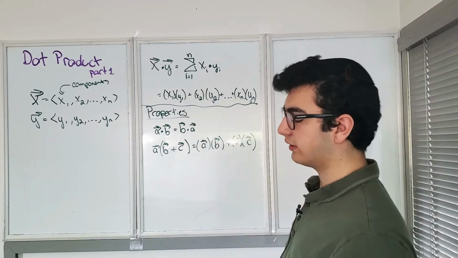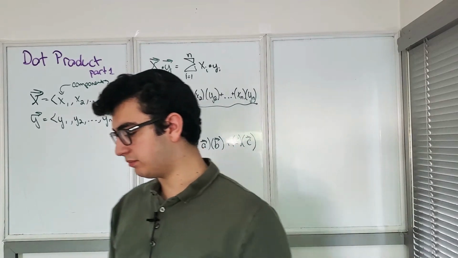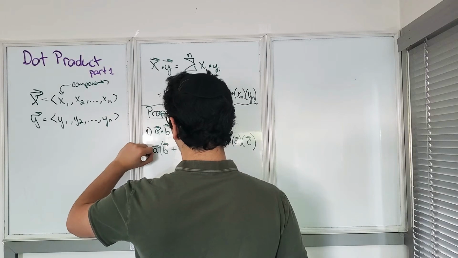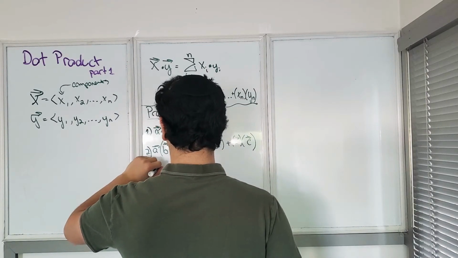And you can see that by just looking at the definition, it holds most of the properties to be true. And so now I'm going to look at a third property.